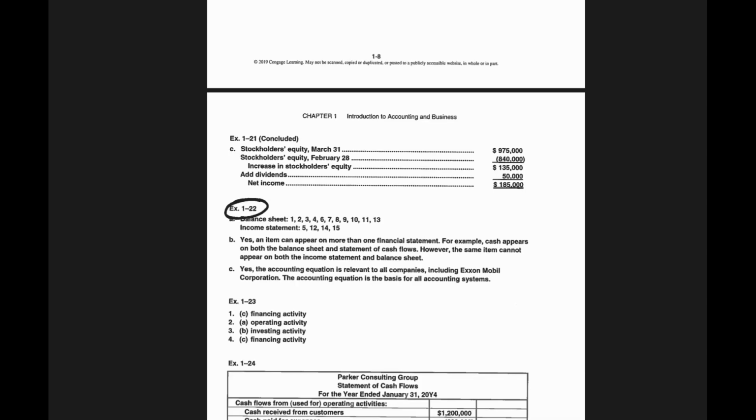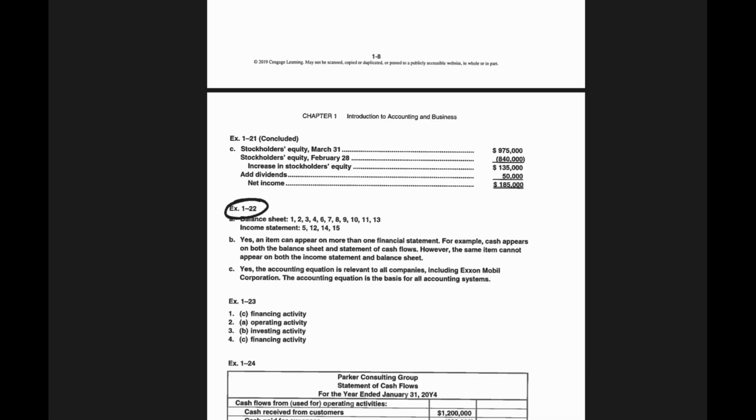There are never any items that are on both the balance sheet and the income statement. So when I say generally, the answer is no. That's true because we're usually talking about the balance sheet and the income statement. It's one or the other. But when we throw in the statement of cash flows, there are some items that will appear on both. So it's kind of a tricky question, but typically it's either the balance sheet or the income statement. That's what I would really want you to focus on.